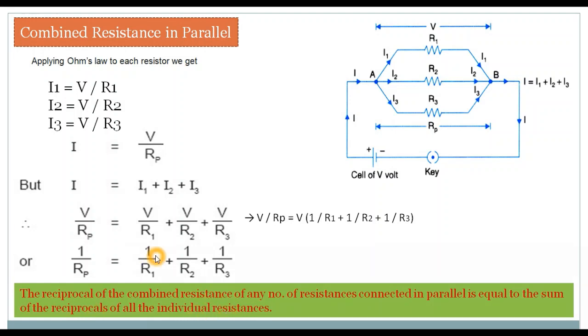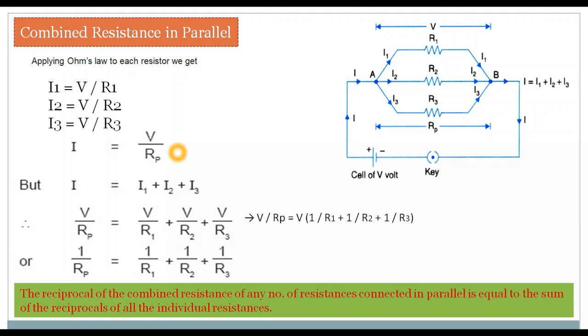So when we have to find the combined resistance in parallel, we need to find the reciprocal of each individual resistance, add them up, and you will get the reciprocal of the combined resistance in parallel. With the help of that, you will get the combined resistance in parallel.